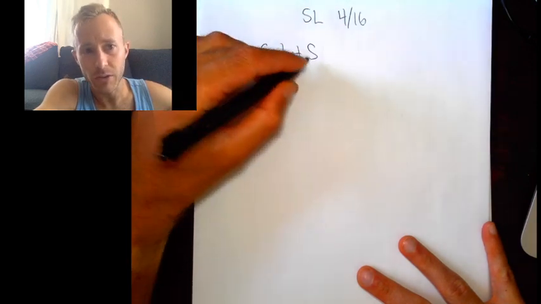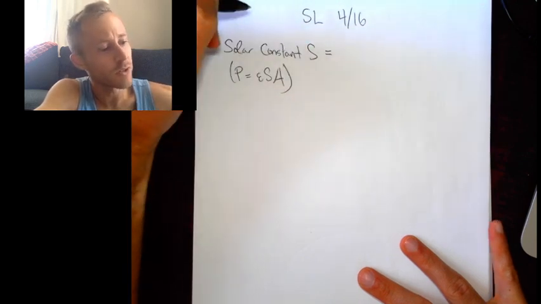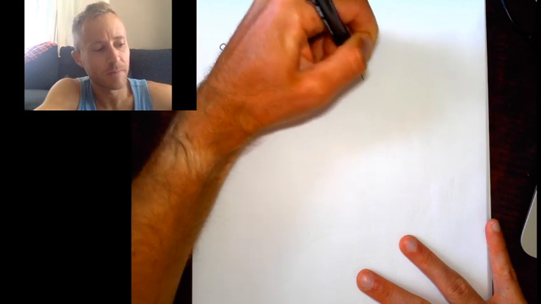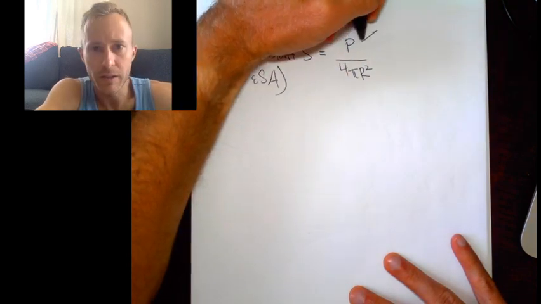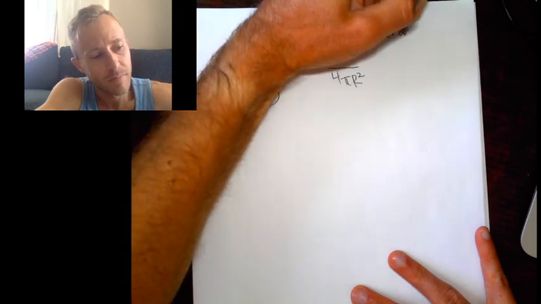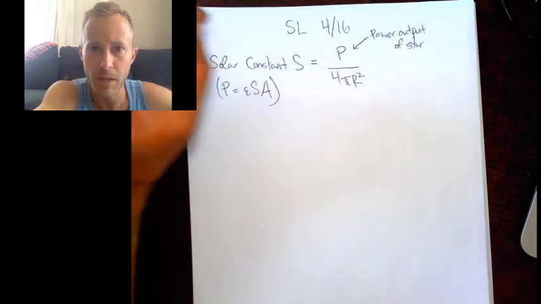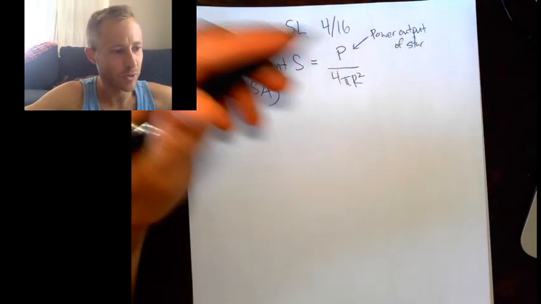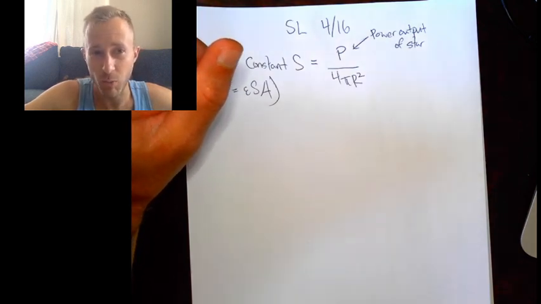So how do we calculate the solar constant? There's a nice formula for the solar constant, and it's P over 4 pi r squared. Okay? Where P is the power output of the star. That would be the total power output of the sun, which is, as you can imagine, quite large.